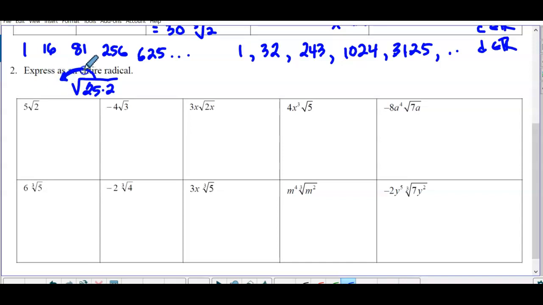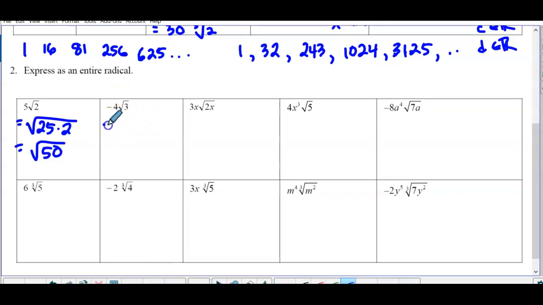So to go back home, he's worth 25. Okay, so here we basically square. 5 is 25 times 2, and then that's 50. Okay, so you're unsimplifying. We're expressing as an entire radical. Next one, I leave the negative out front.